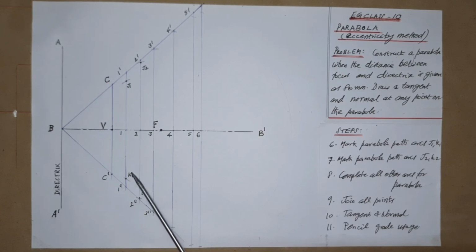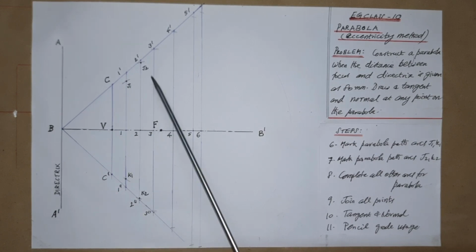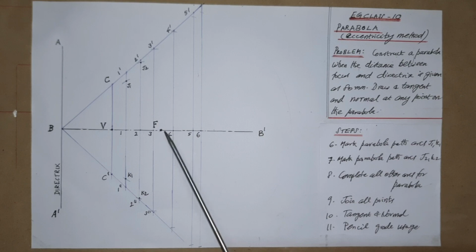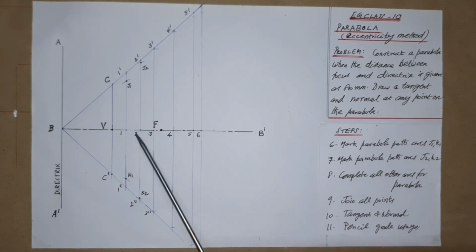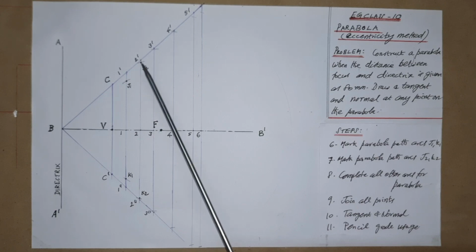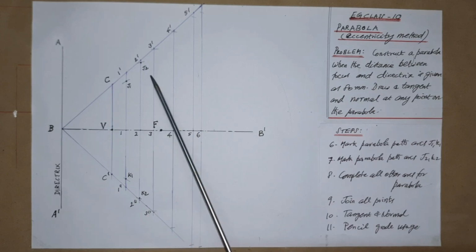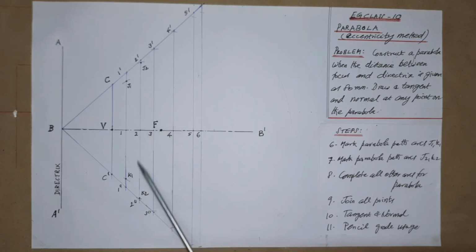Similarly, then take 2 dash distance in the compass and mark the arcs from the same focus F on the line 2 dash, 1 arc, and 2 double dash, another arc, and mark them as J2, K2 on the vertical line as shown.